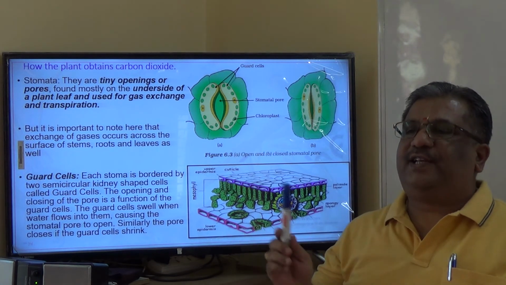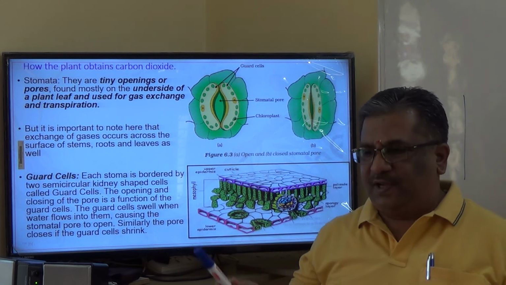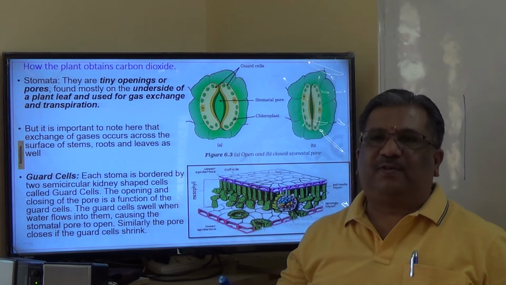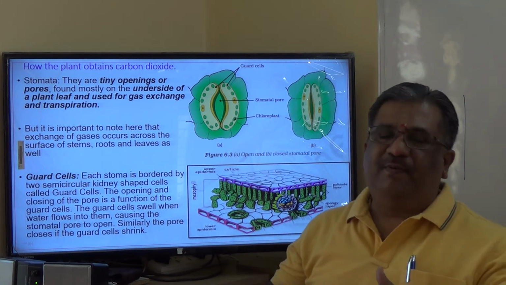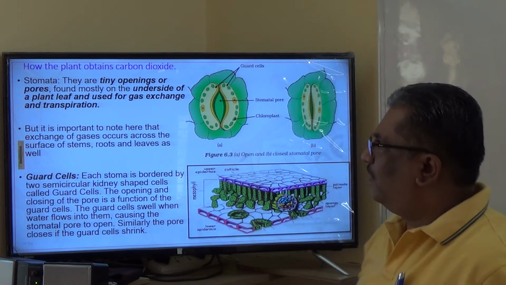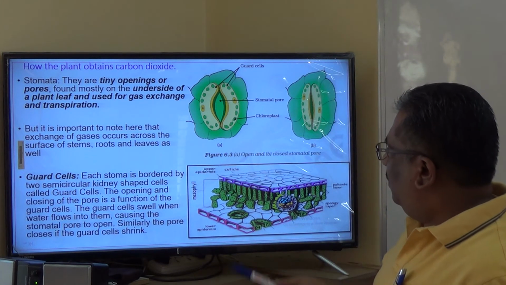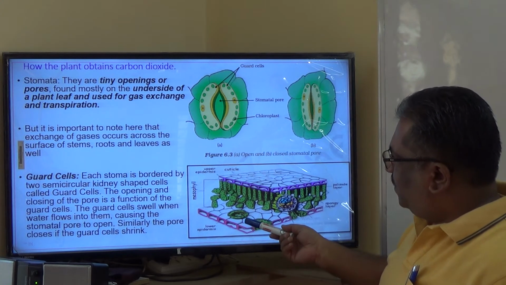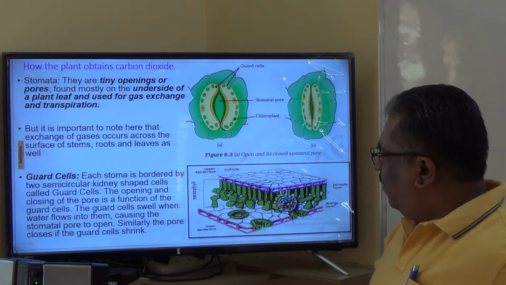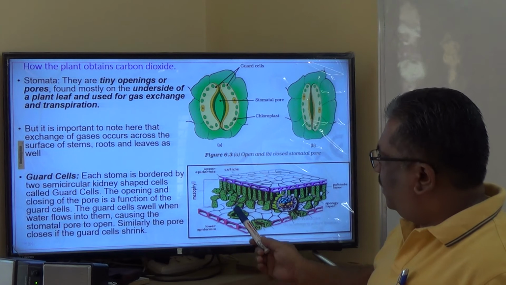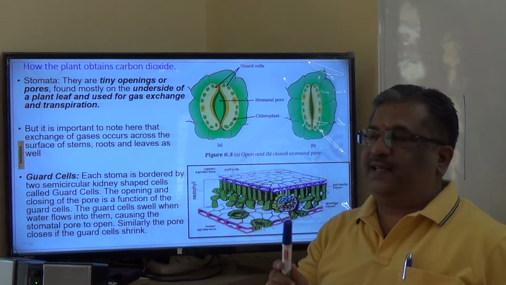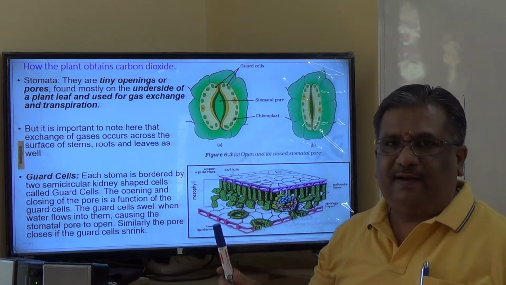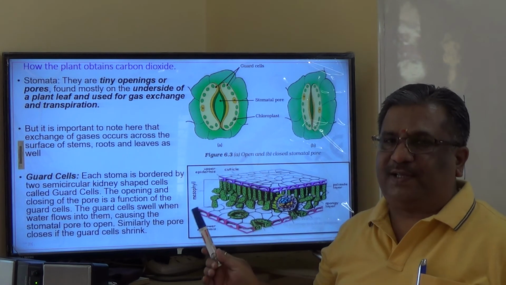We know the gaseous exchange takes place through stomatal pores. Stomatal pores are the tiny pores present beneath the leaf, in the lower epidermis, which we have seen already. So here also this diagram shows the presence of stomatal pores. Now, how the opening and closing of stomatal pores takes place is the subject topic over here. That means how the gaseous exchange takes place.